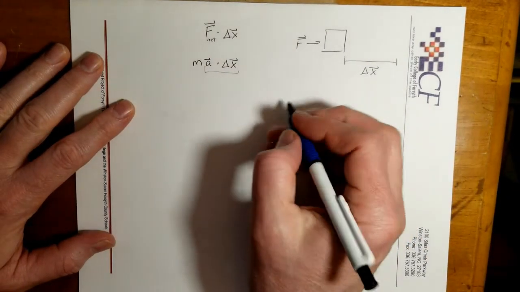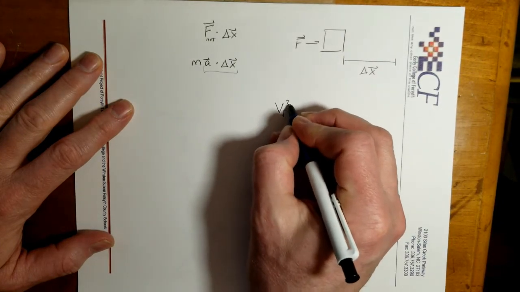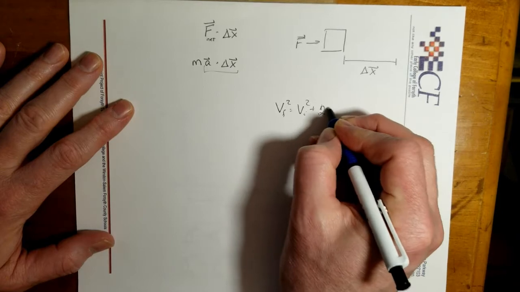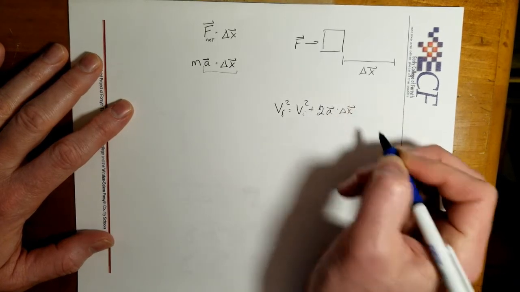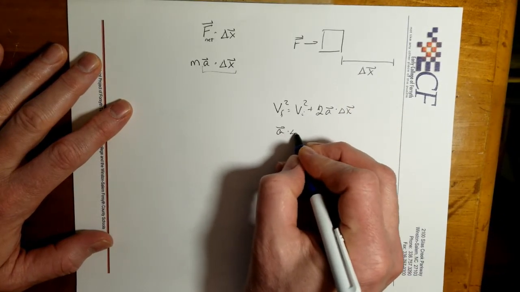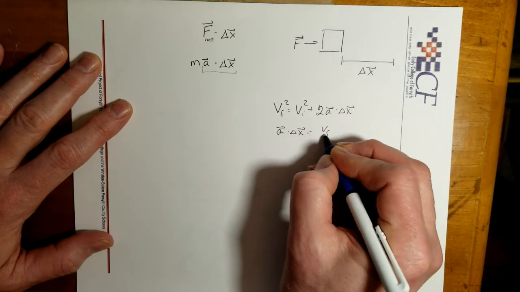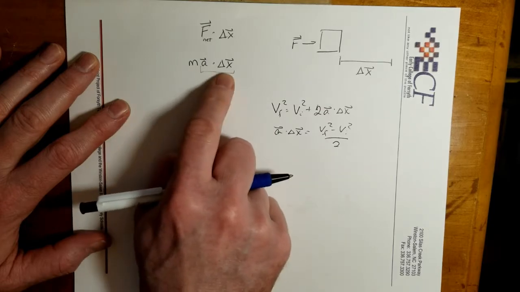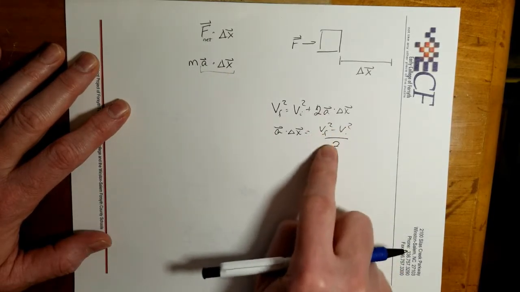We've seen this before. One of the kinematic formulas, I know that Vf squared equals Vi squared plus 2a dot delta x. Therefore, a dot delta x is equal to Vf squared minus Vi squared over 2. Notice that I'm doing a dot product between two vectors here, so I should end up with a scalar, and these are all scalars here.